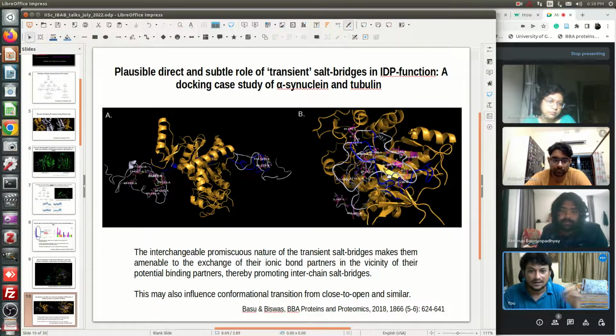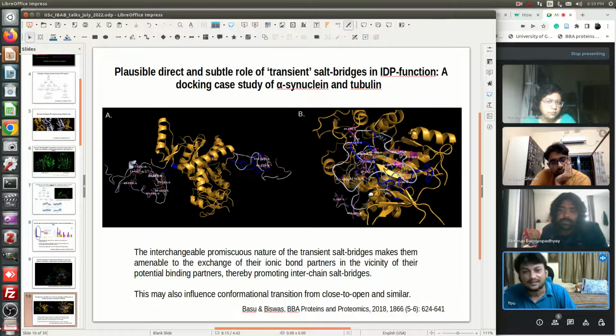So that is a tubulin charged side chain that is exchanging partners, involved in salt bridge formation with an oppositely charged partner on alpha-synuclein. When we tried to map these interchain-forming salt bridges in the original alpha-synuclein structure, it was very interesting to find out that these salt bridges are the transient ones, not the persistent ones.